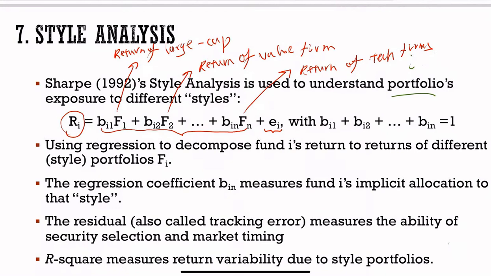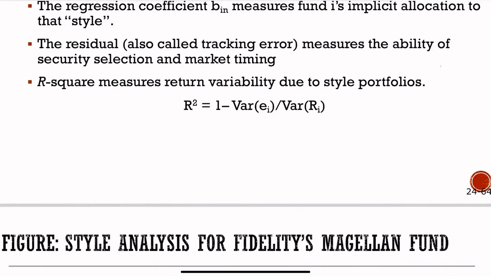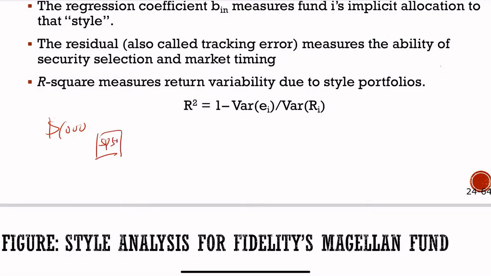Now, what is market timing? Well, this is really about rotation. So market timing refers to this. Let's say I have $1,000, and I have two kinds of investment, S&P 500 and T-bills.